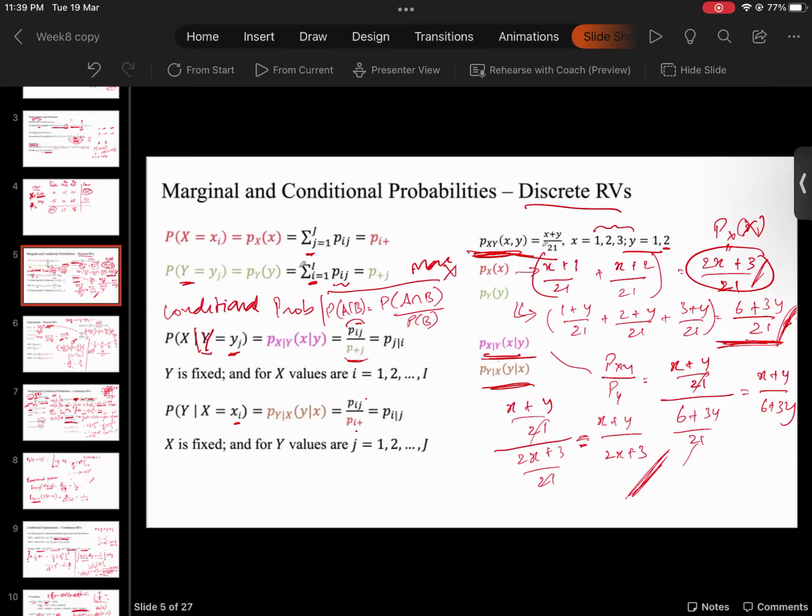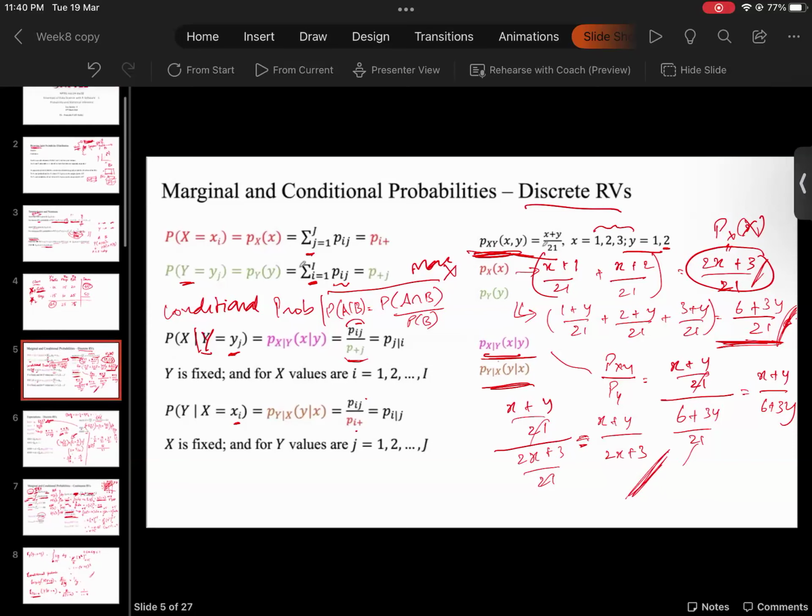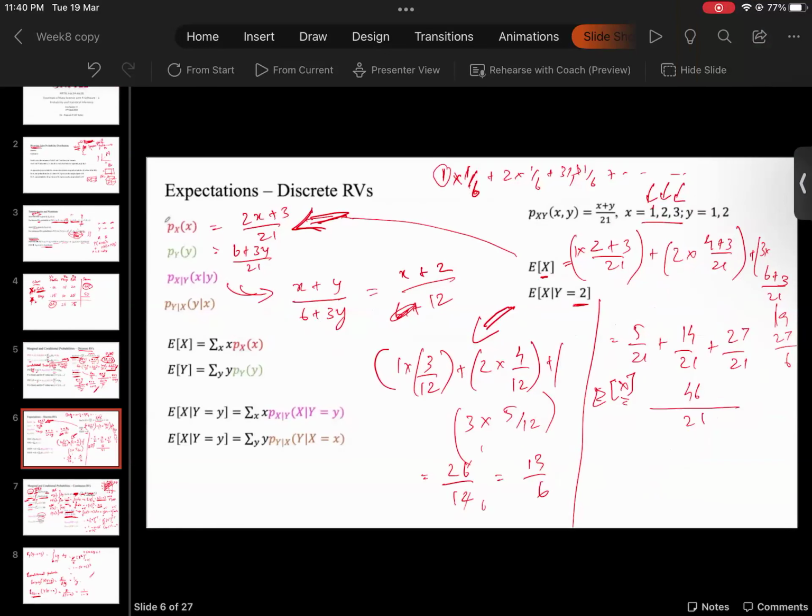All the terms are in Y. So is it probably a mistake with the question? Maybe they meant calculate the marginal density of Y. I think they meant that. Do you get that answer in the options? No, ma'am, I didn't get that answer.